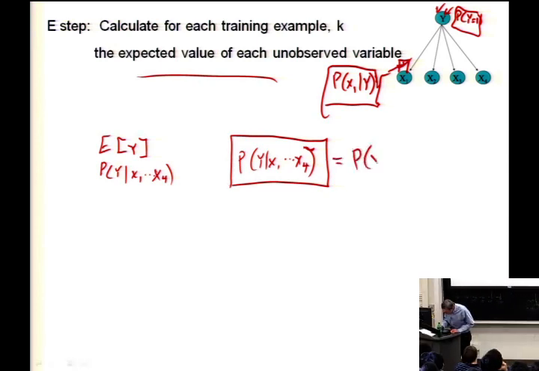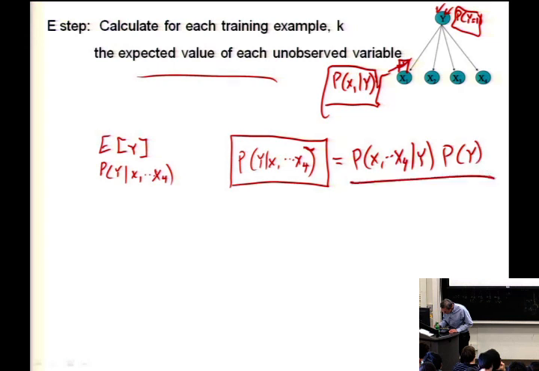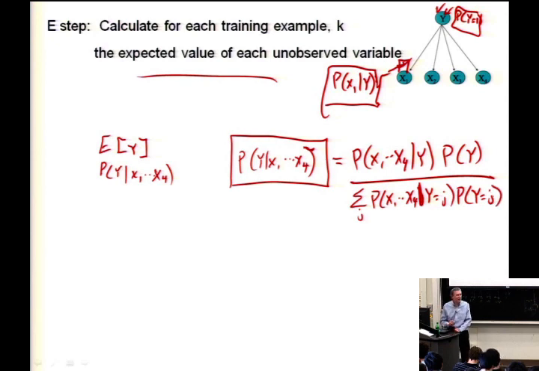So that's just by Bayes' rule. And actually, to make this a little clearer, I could have written explicitly a value for y here.